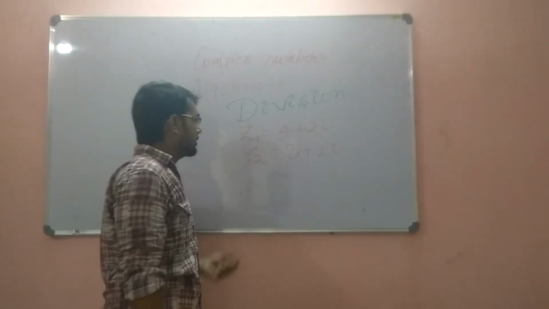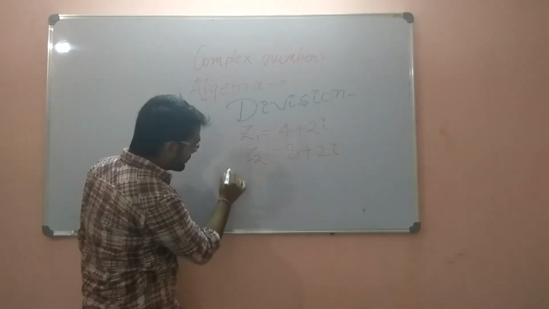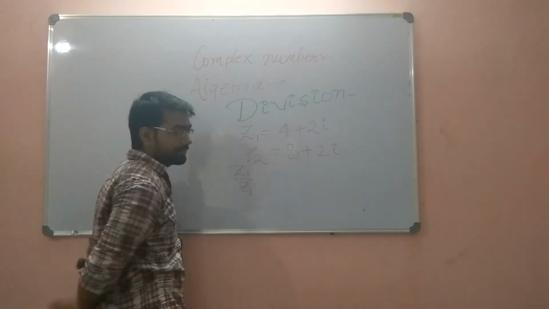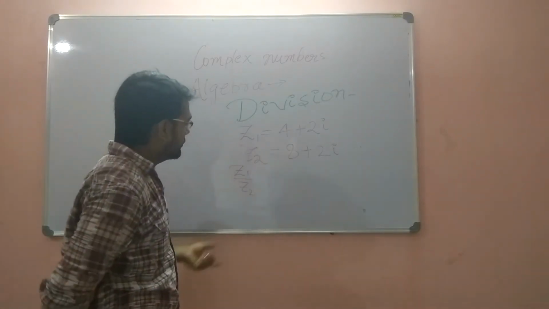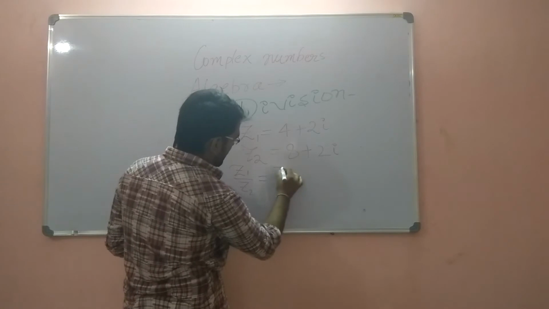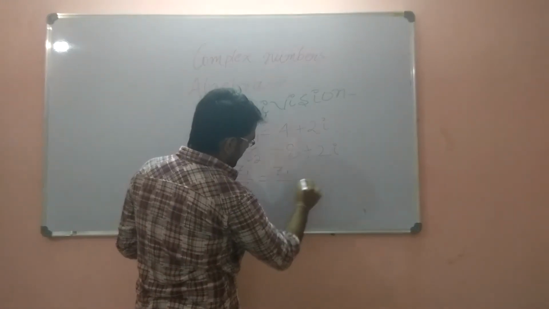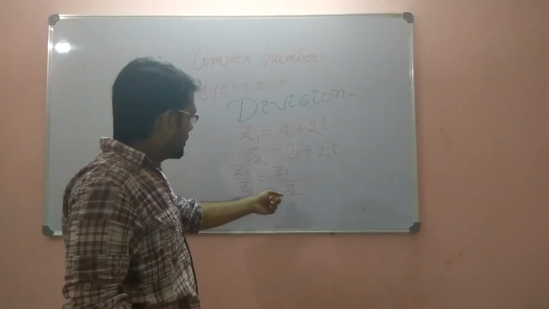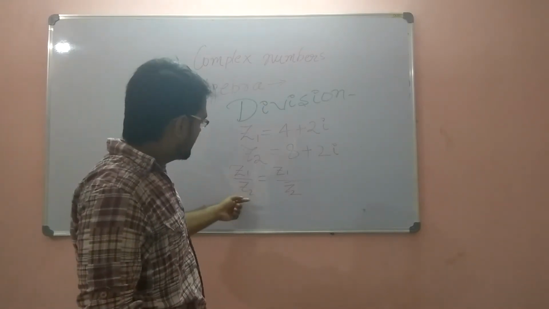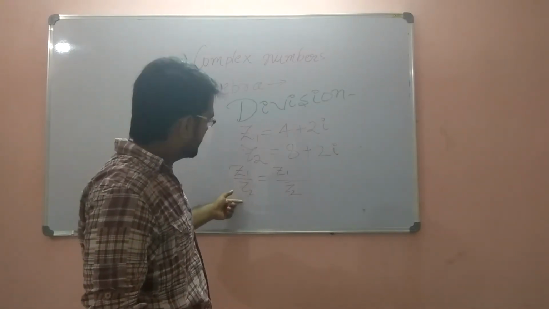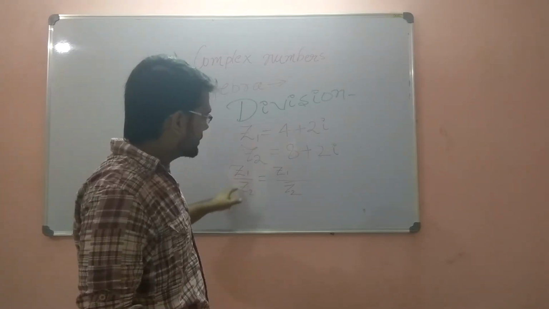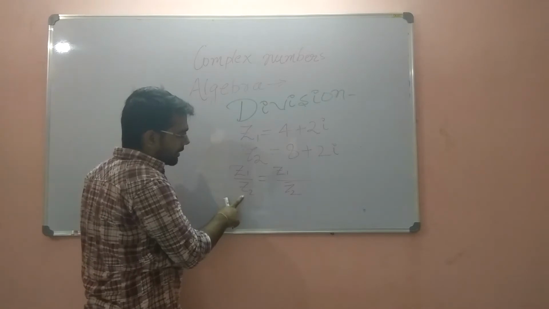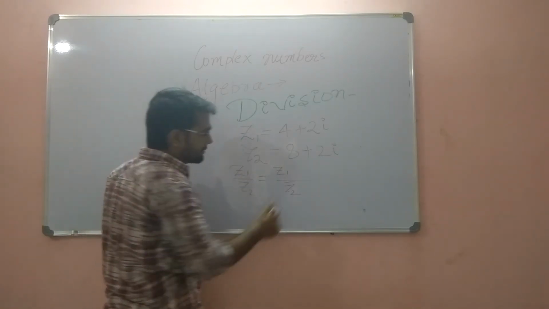If we want to take out z1 by z2, what we do is multiply the conjugate of the complex number by which we divide, up and down.